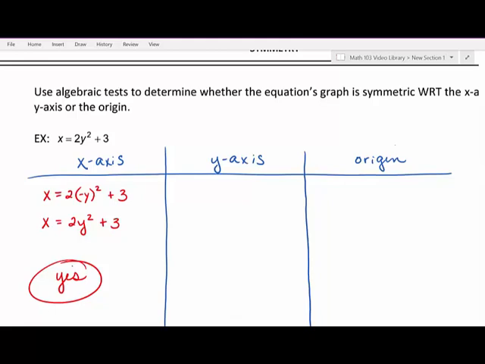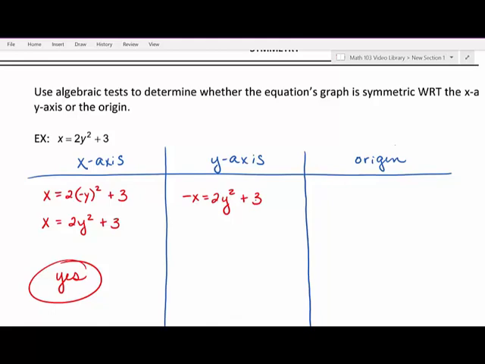Here we're replacing x with negative x. We get negative x equals 2y squared plus 3. Now we want to clean it up any way that we can. Well, that negative x isn't raised to an exponent. It's not inside an absolute value bar.